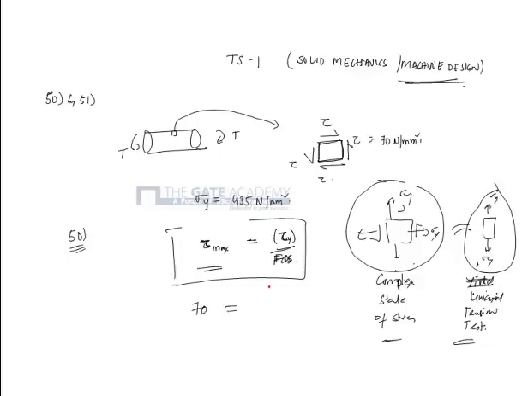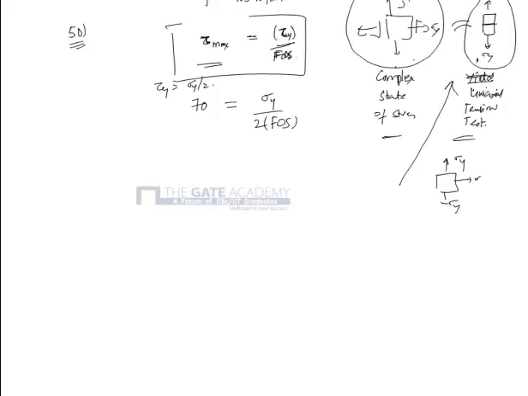And tau y is related to my sigma y by this. The tau y is basically sigma y by 2. How do we get this? In a uniaxial test, the only stress is sigma y and there are no other stresses, so the maximum principal stress is sigma y, and tau max is always the difference between the max and the minimum divided by 2, so it is sigma y by 2.